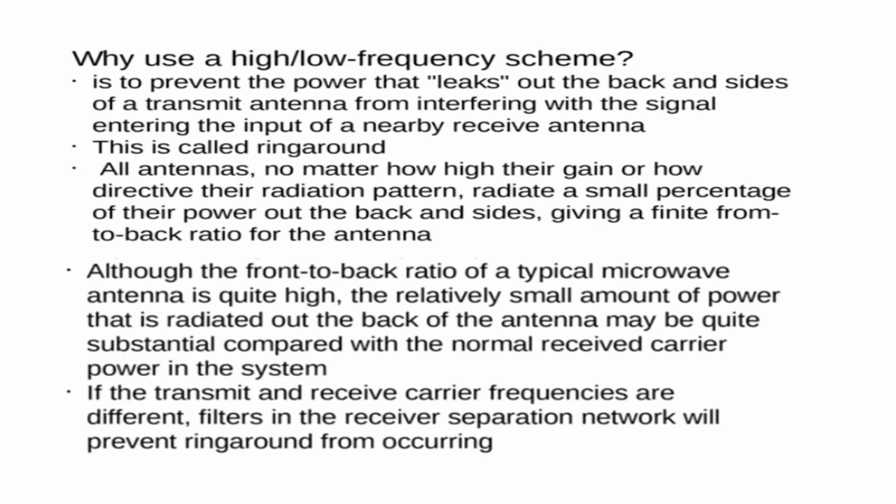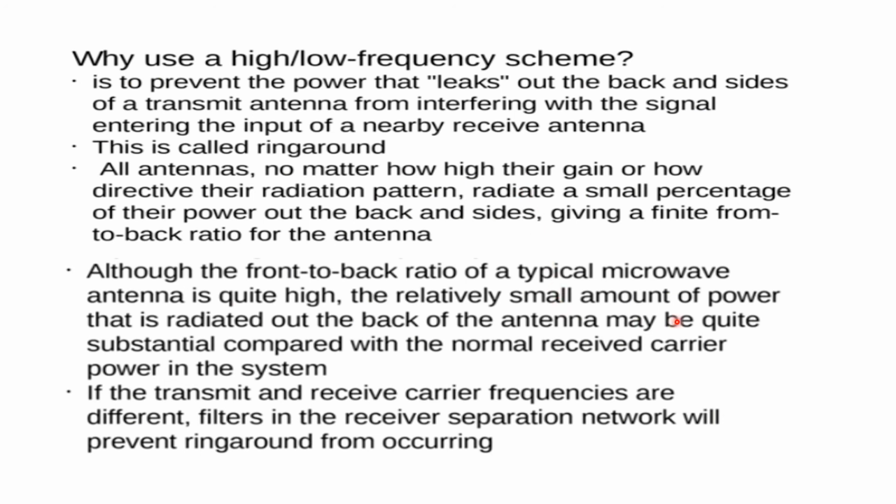Now, another reason for this high-low frequency scheme is the leakage from the back and the sides of a transmitting antenna. The leak out of the back and side of a transmit antenna can interfere with the signal entering the input of a nearby antenna. This condition is called a ring around condition. Even if the antenna has a good front to back ratio, a small percentage of leakage may occur.